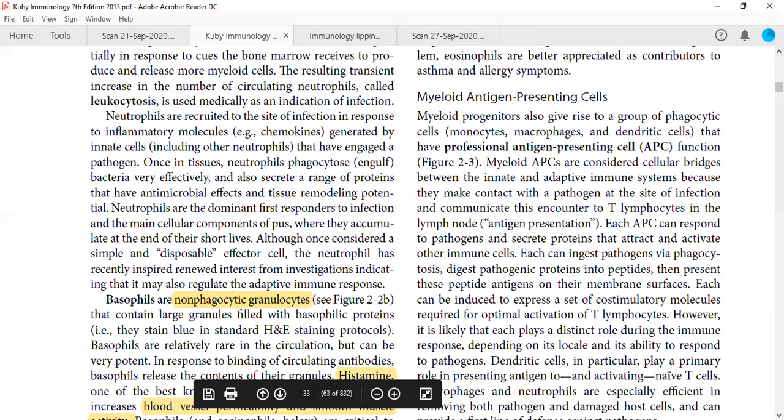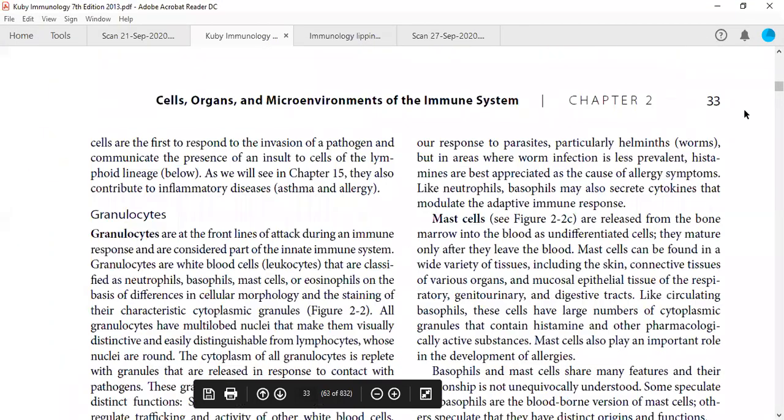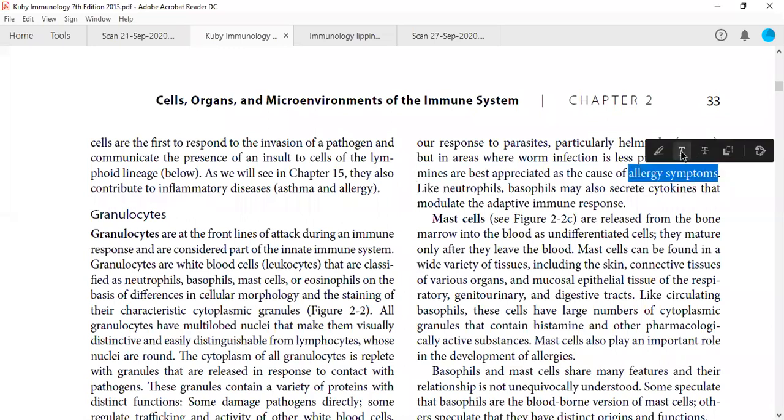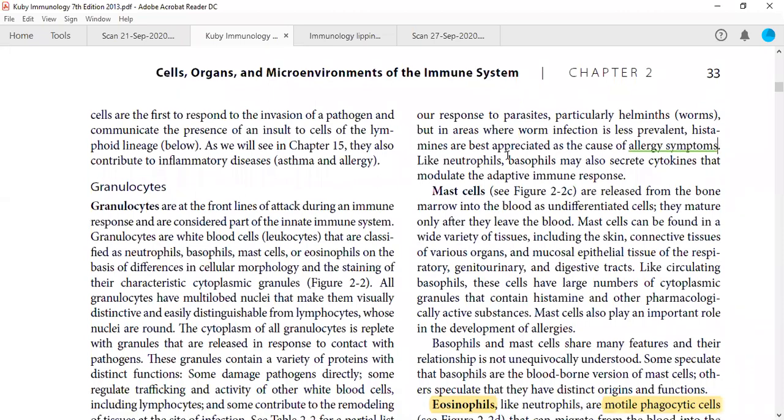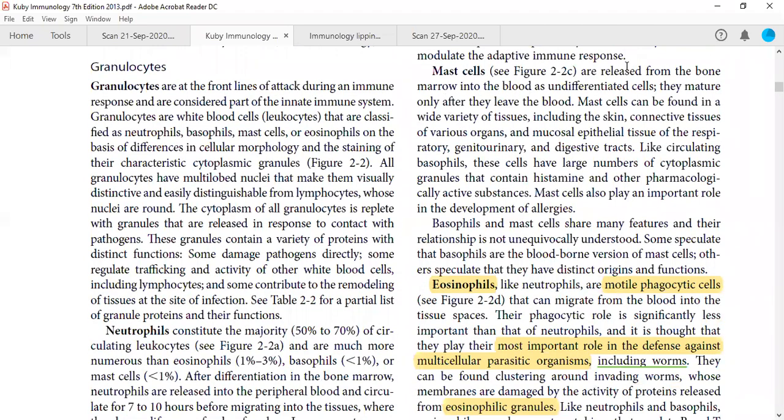Critical to our response to parasites, particularly helminths, but in areas where worm infection is less prevalent, histamine is best appreciated as a cause of allergy symptoms. Okay, so the major function of these cells is related to allergy. Then mast cells are released from the bone marrow into the blood in an undifferentiated state.